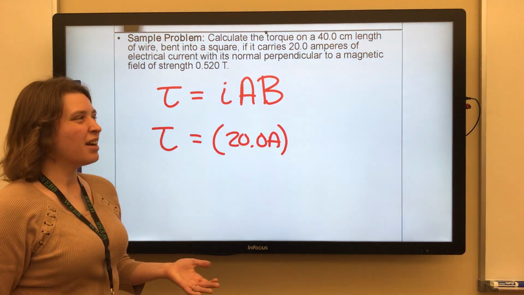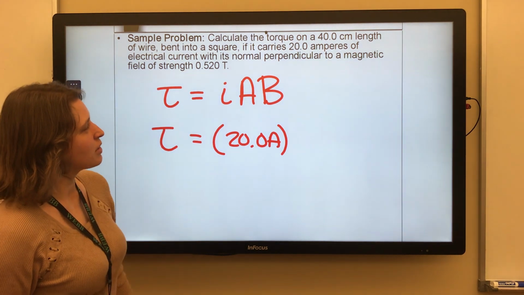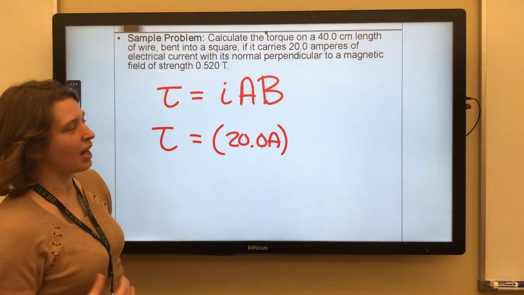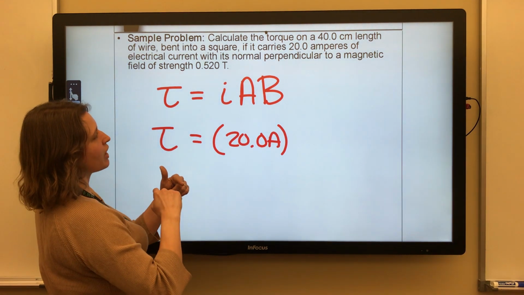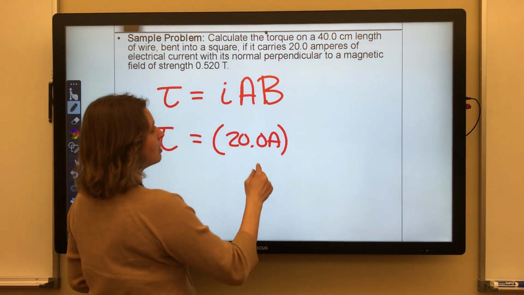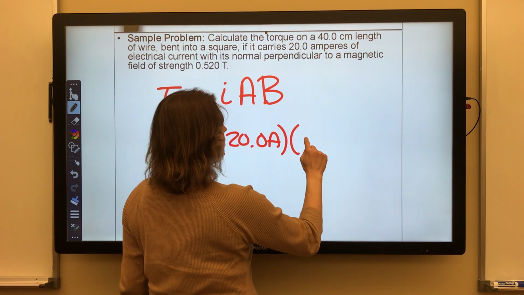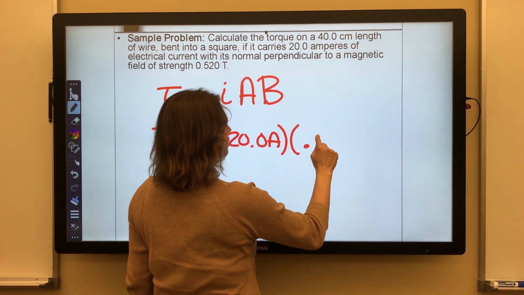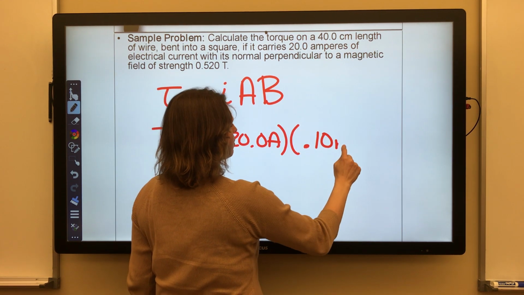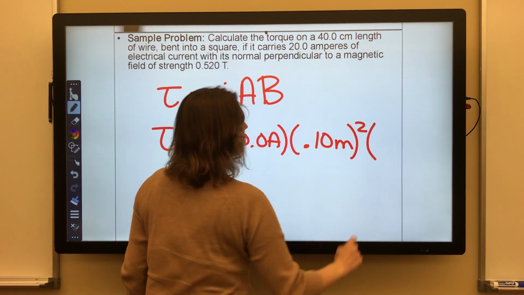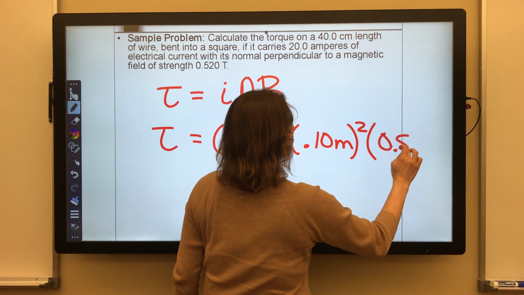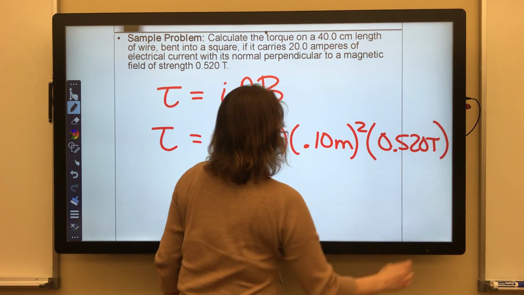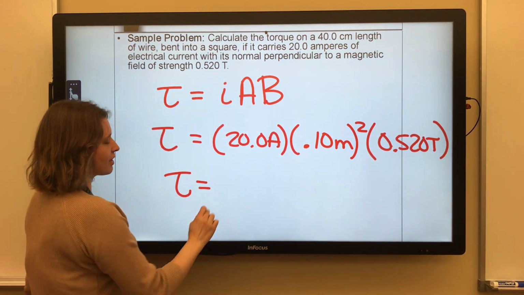And I'm going to need its area. I know it's 40 centimeters total, and it's bent into a square, so that means that each side must be 10 centimeters, which I'm going to change to 0.10 meters. That's squared. I'm going to multiply that by 0.520 Tesla, and I can solve for my torque.